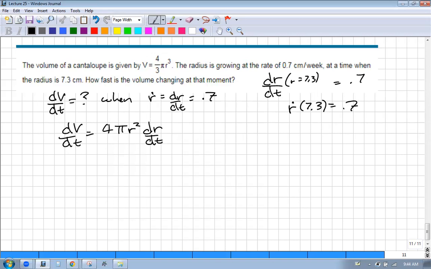So dV/dt, when r dot is this, you plug that in there, and they say dr/dt is 0.7 when r is 7.3. So they gave us exactly the information we needed. We just needed to take a simple derivative and plug in the information they gave us. So that one's really easy too.